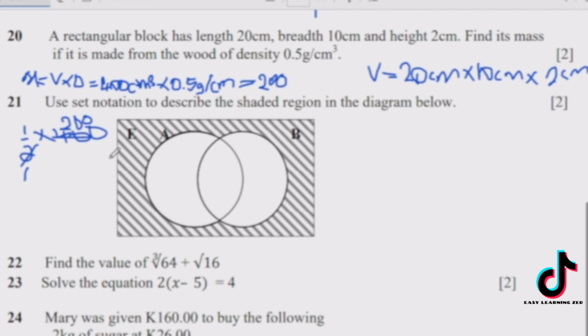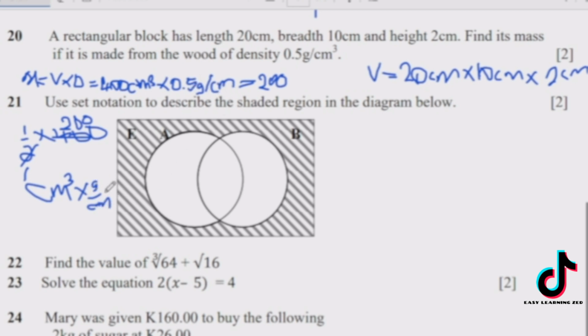Now we come to units. First we have centimeter cubed, then we are multiplying by gram over centimeter cubed, so gram is a numerator.